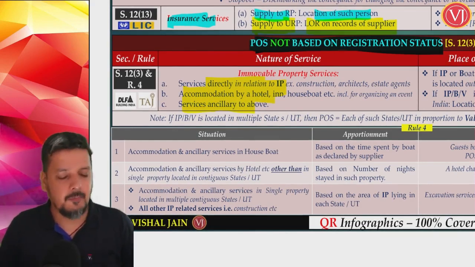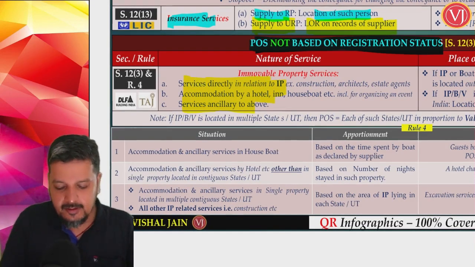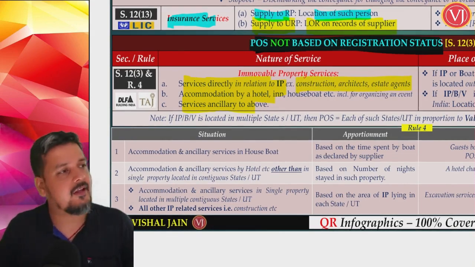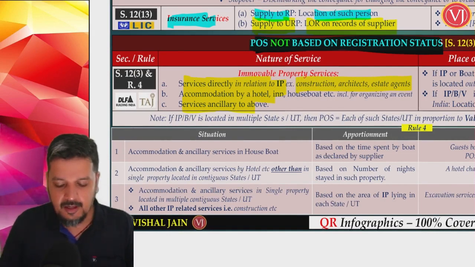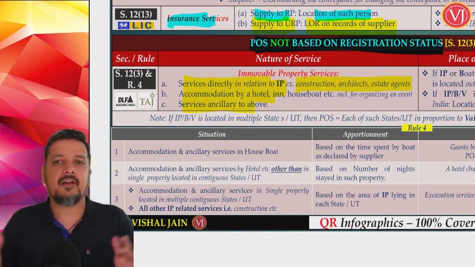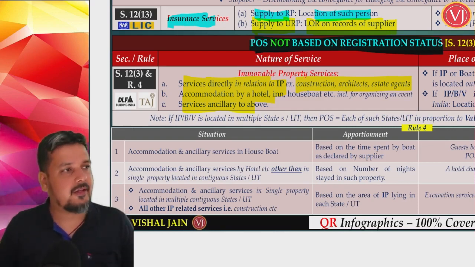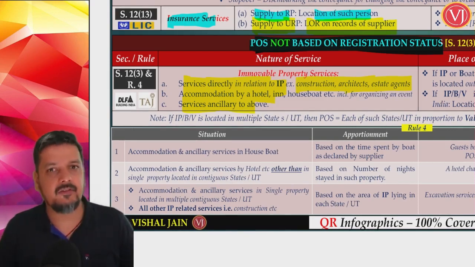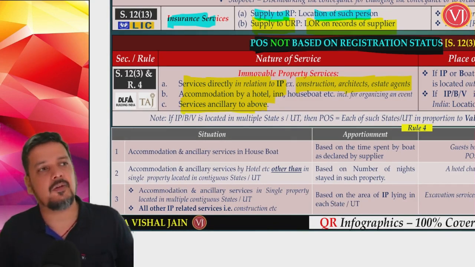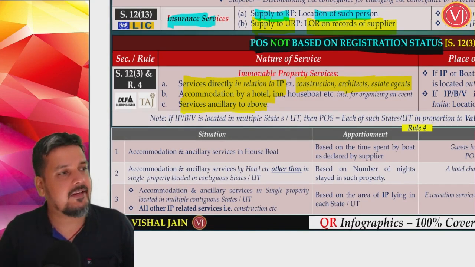Any service related to immovable property, but here it is directly in relation to immovable property, like construction service, architect service, real estate agent service. Accommodation service means you're staying in a hotel. One is construction of a place, construction, architect or real estate agent. The other is the hotel is there, you're staying in a hotel. Or services ancillary to the above.